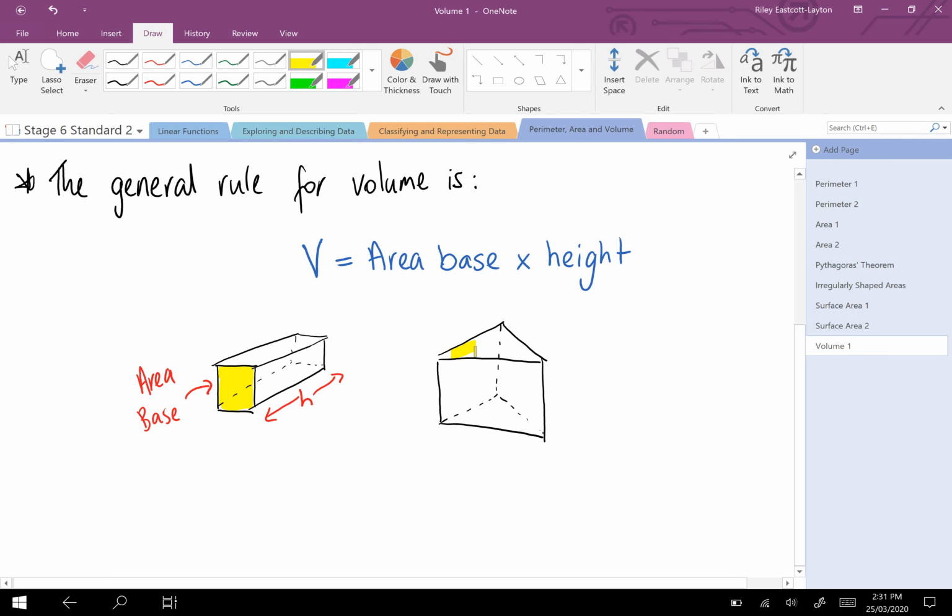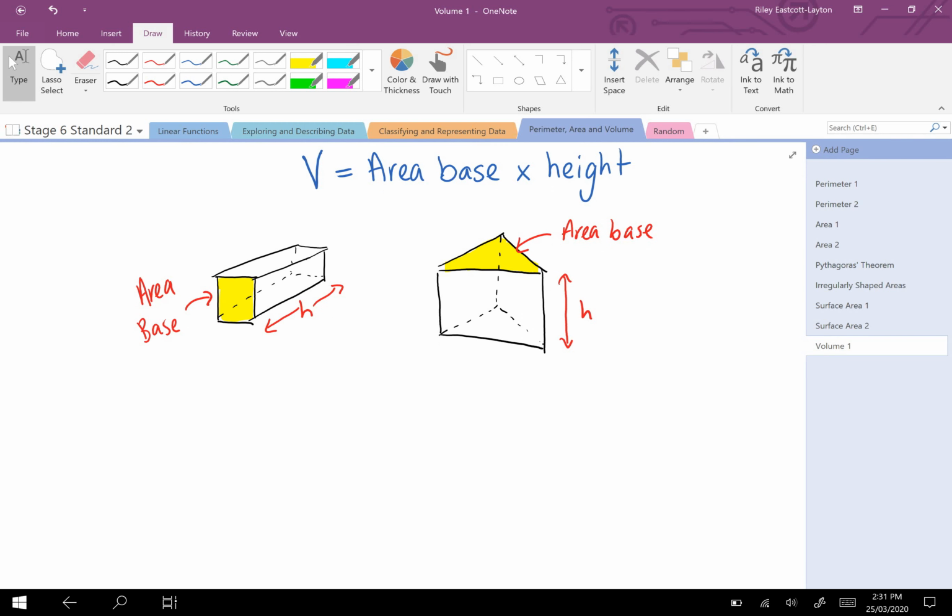We would have the area of our base times by our height. Now the reason I've got it on its side, so the area of the base is on the top or the bottom, they're the same area, as opposed to on the side like in our first rectangular prism, is that if we cut it across this way now, each time we would get the same shape and it would be a triangle.